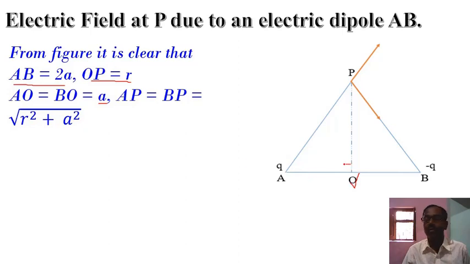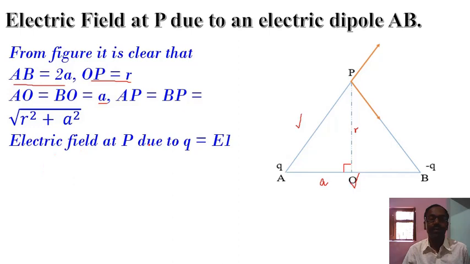This is a right angle triangle, and this is the hypotenuse, with sides a and r. According to the Pythagoras theorem, it will be the square root of r square plus a square.